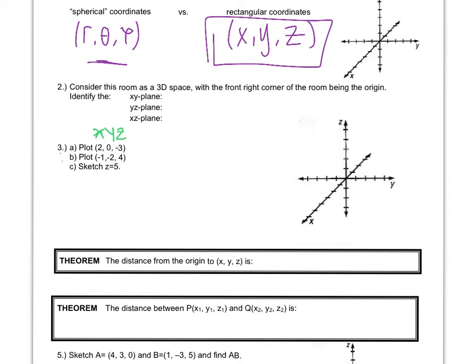So when we see an X coordinate of positive 2, I imagine walking forward right here to where that little purple dot is. So I'm facing forward, walking forward. At that point, we've got a Y value of 0. So what that means is I've come forward 2. Instead of going up on the y-axis or down on the y-axis, I'm just going to stay there. And then the Z coordinate of negative 3 means, when we look at Z, up is positive, down is negative.